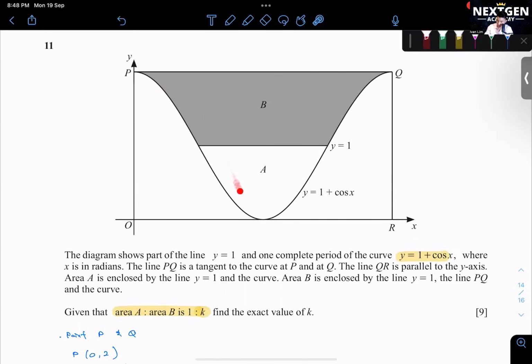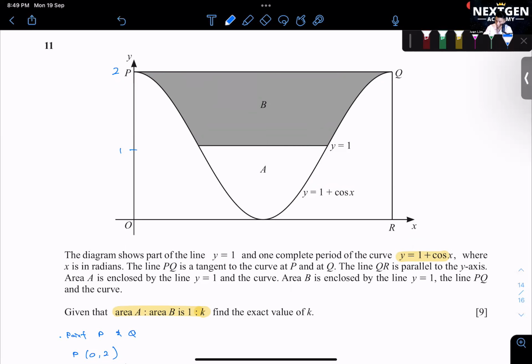You can actually just sub into this equation. It's a 1 plus cos x graph. So one whole cos graph, this one should be 2 pi. Then here is the middle, y equals 1, half of it. This one will be 2. So we know here is 2 and here is 1. What other information do we have?